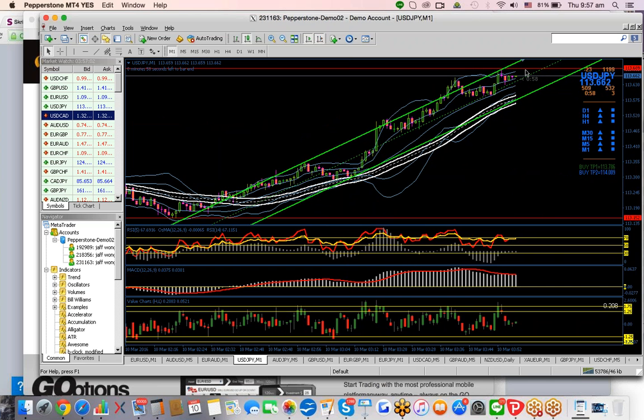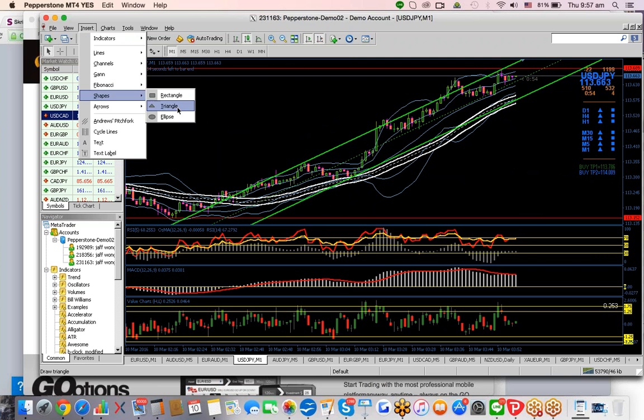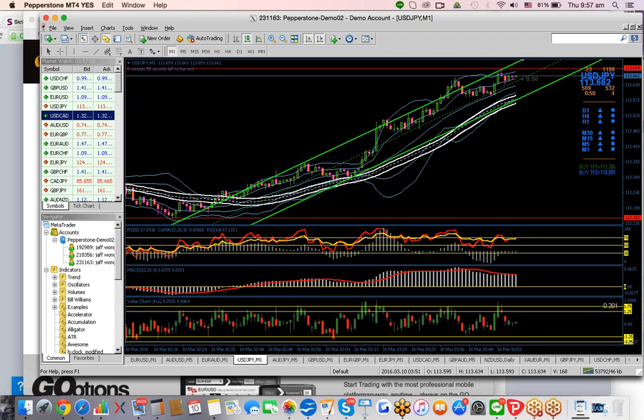Look for the retouch of the red line. Right now, this only has two waves.